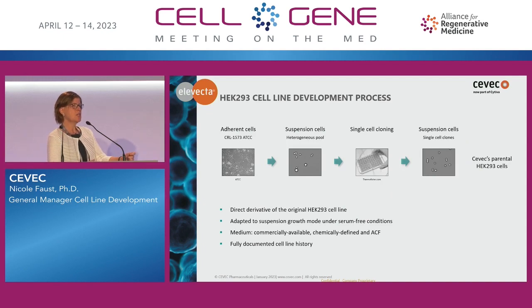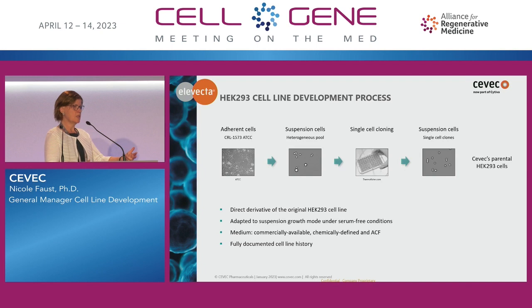And we initially generated this system on our proprietary amniocyte cell line, but we realized everybody's using HEK293 cells for making AAV, so we should also have an HEK293 version of the system. This is what we have been establishing over the last few years. So we took the standard HEK cells, adherently growing.